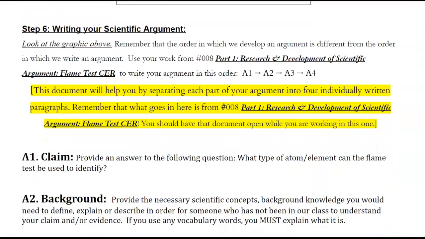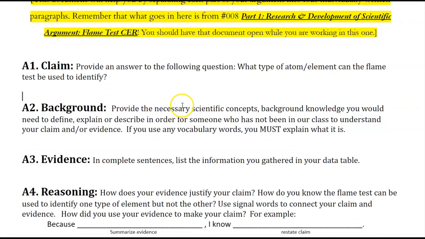When you're doing this, you should start with your claim, then some background knowledge here in A2. You could go back to your research points and go back to why color was emitted, what is happening in the atom during that particular time. You could be describing why we're seeing color emissions.